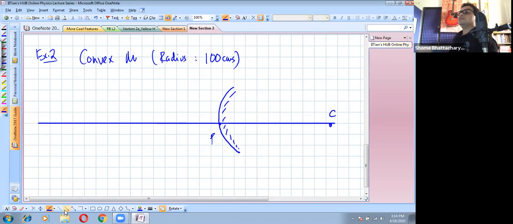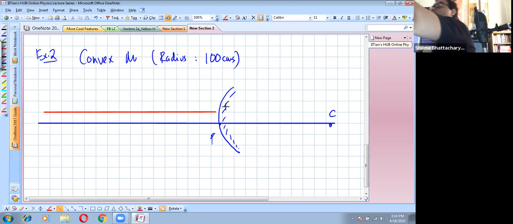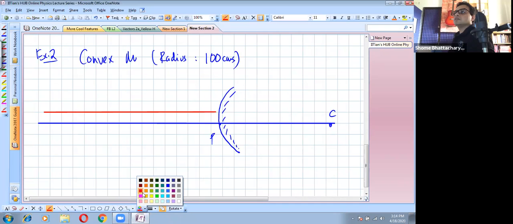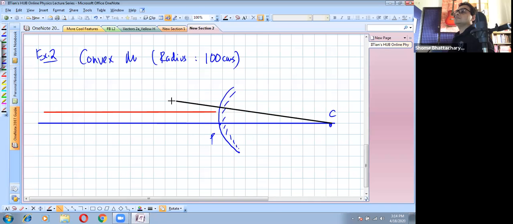Here, if I have rays which are parallel to the principal axis coming from so-called infinity, then they will tend to diverge over here in such a way that my normal at the point of incidence is this line. This line is my normal over here.